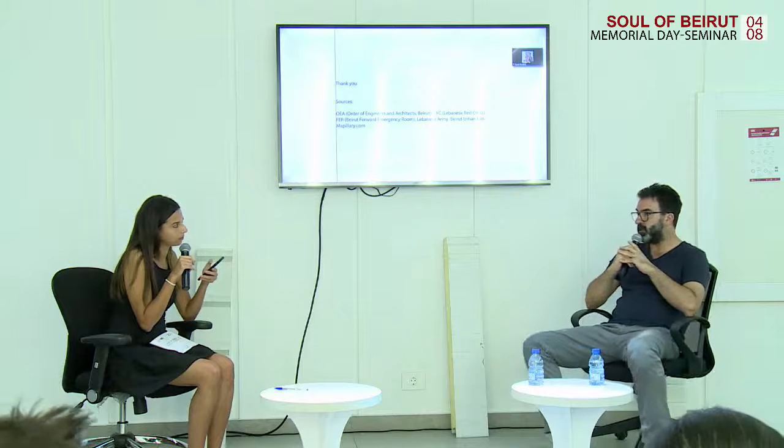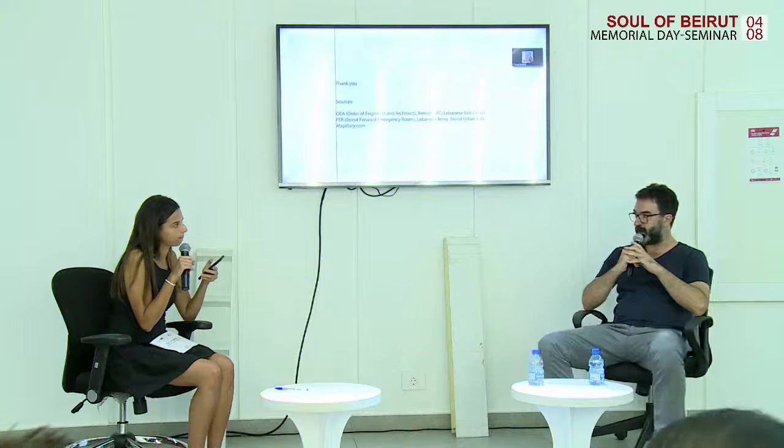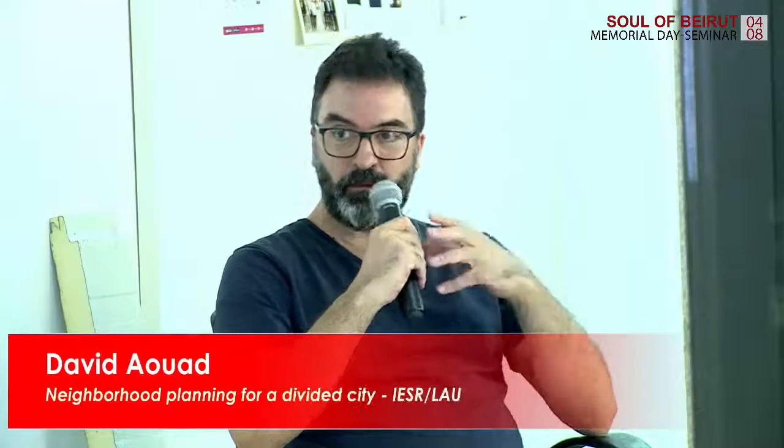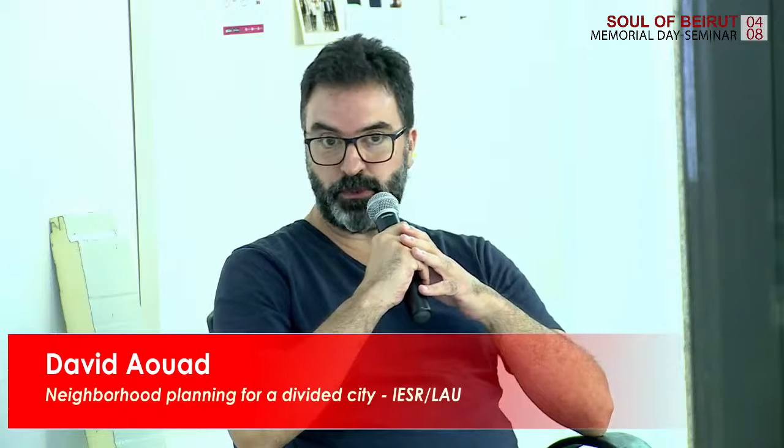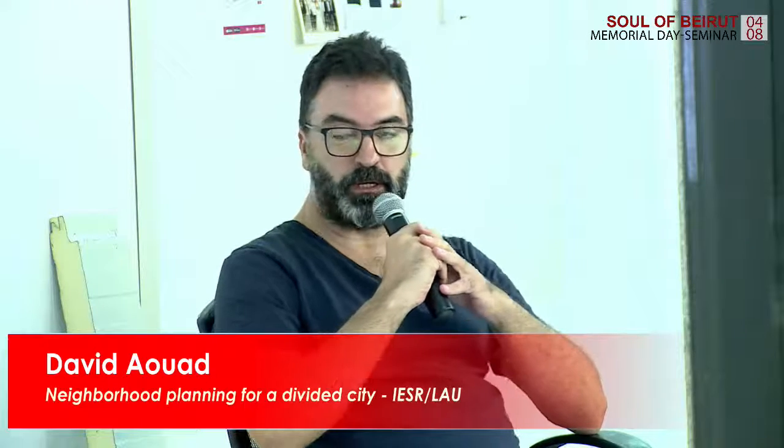No, on the contrary, I think this is what makes the city specific. What I'm saying is that there is a contrast between the obvious division within the city at the city scale, and a very rich fabric that exists on a very small neighborhood scale. And we should deal with both, I think. Of course, we should not get rid of it, on the contrary.